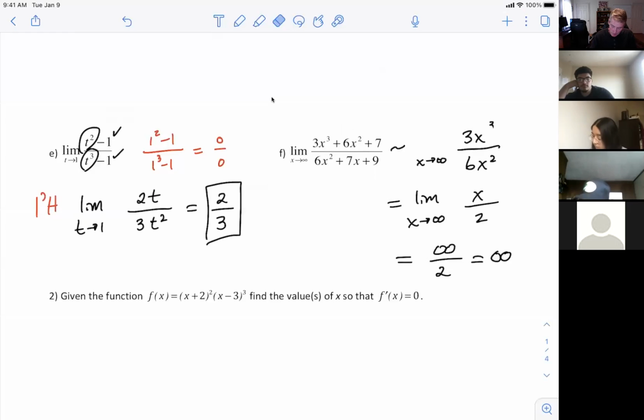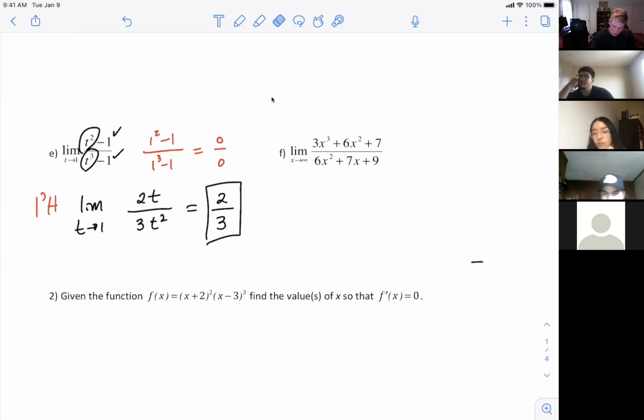And I do want to do it that way because there's something else I want to show you with L'Hopital's rule. Using L'Hopital's rule, this equals the limit as x goes to infinity. Then take the derivative on the top. So first there would be 3 times 3, so that's going to be 9x squared.